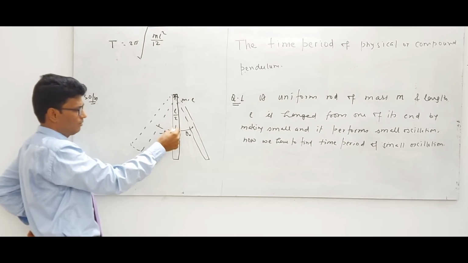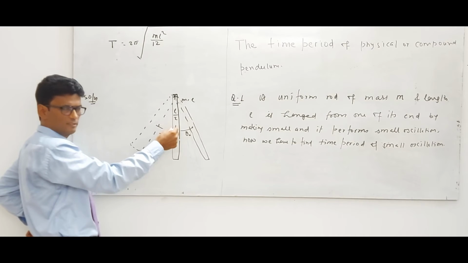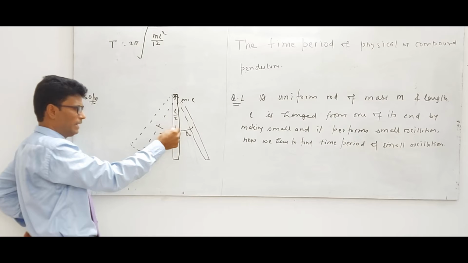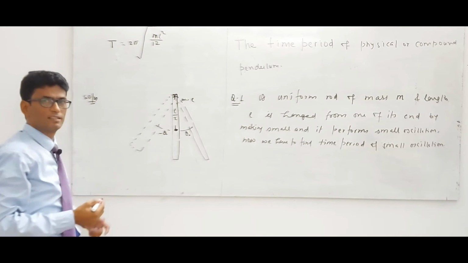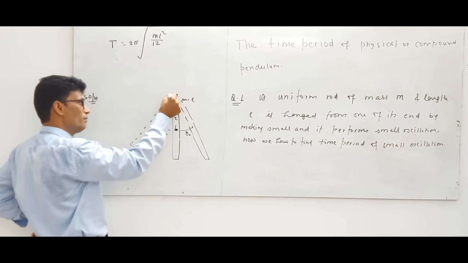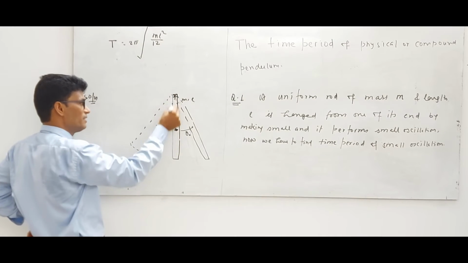What is center of mass? Concentrate all the masses at the center and behave as a point mass. So this point mass, distance from the suspension point is L by 2.